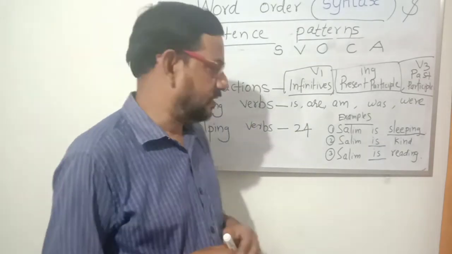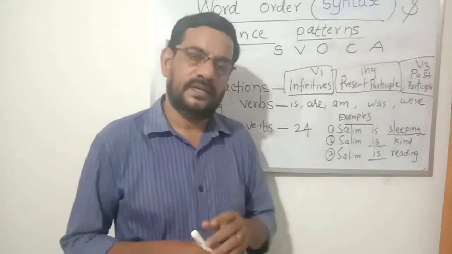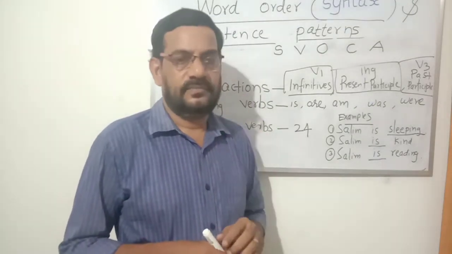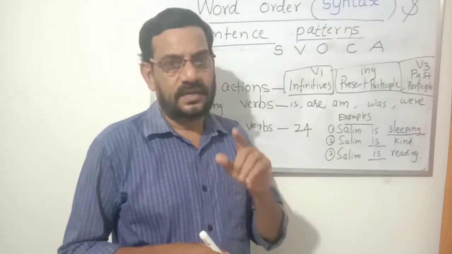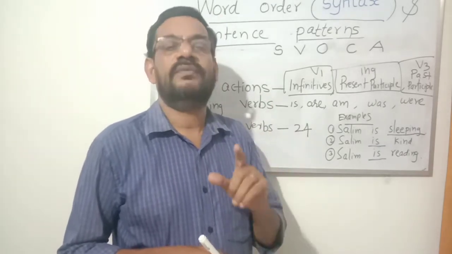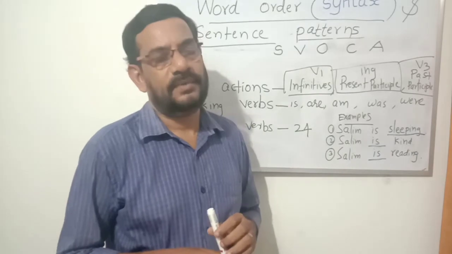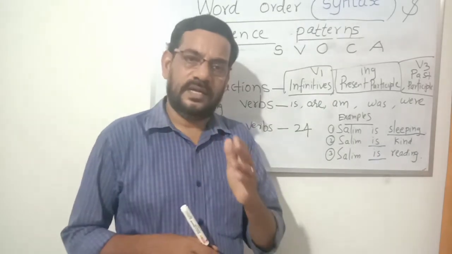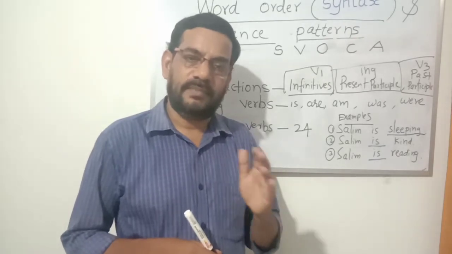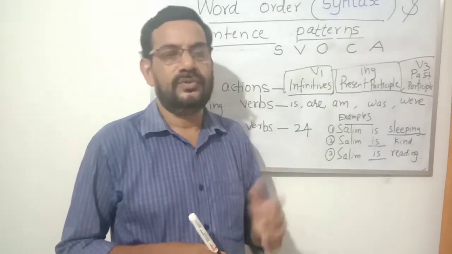In total, there are 24 auxiliaries. Is, are, am, was, were, do, does, did, have, has, had: 11 primary helping verbs. And 13 modals like will, would, shall, should, can, could, may, might, dare, need, must, used to, ought to.